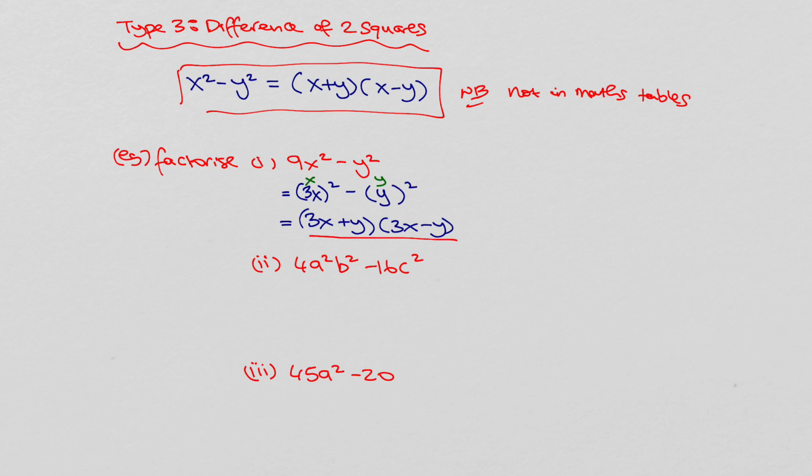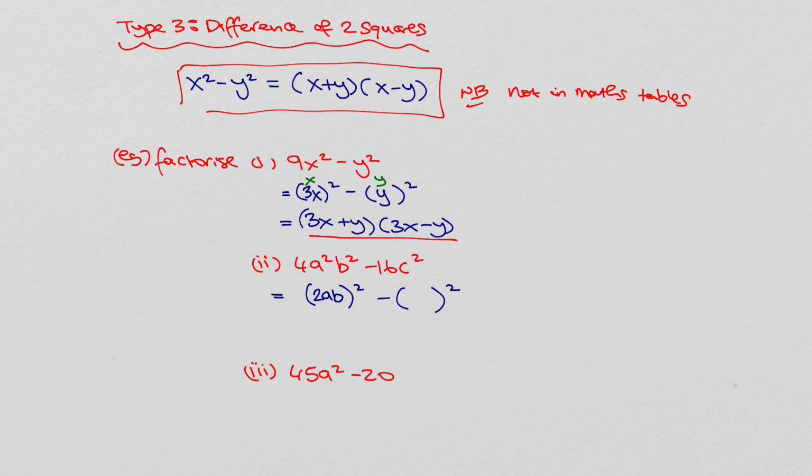If I look at the next one, we have 4a squared b squared minus 16c squared. So again, I start and I say to myself, what squared minus what squared is going to give me 4a squared b squared minus 16c squared. So of course, in the first bracket, I'm going to have 2ab. So 2 by 2 is 4, a by a is a squared, and b by b is b squared.